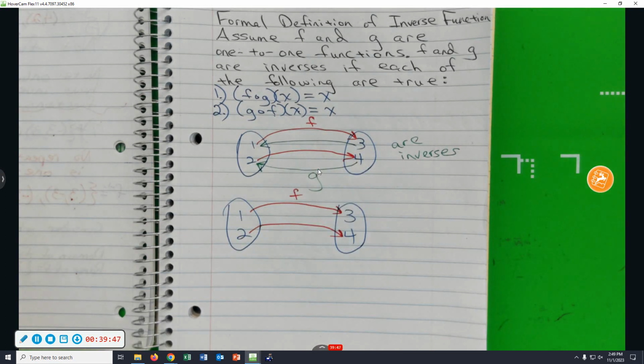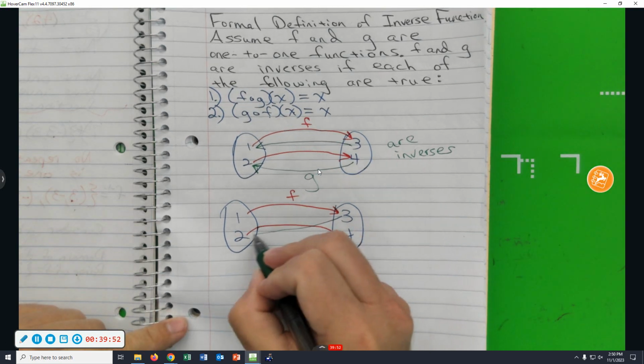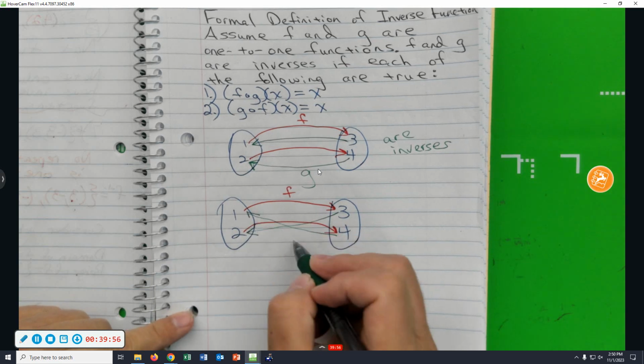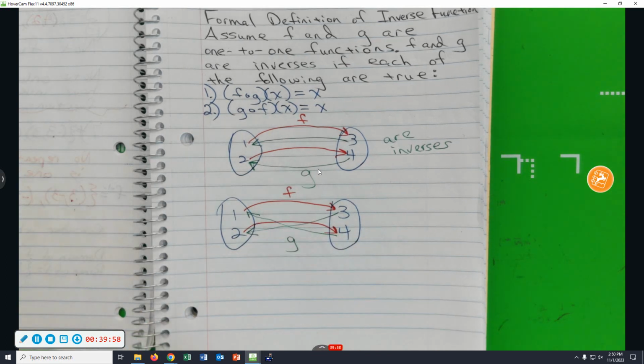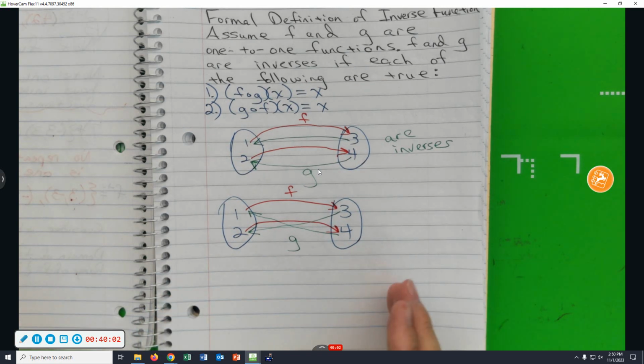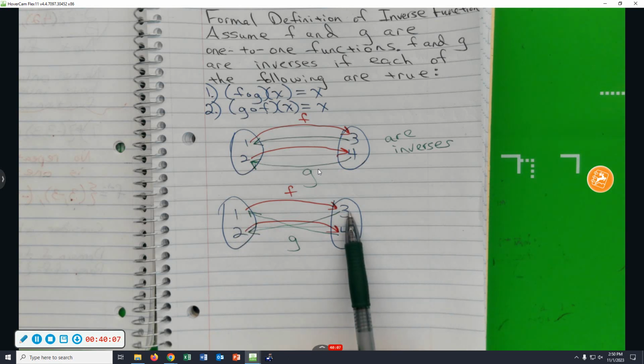Now the green function will take 3 to 2 and 4 to 1. With our intuitive understanding of inverses, I think we'll agree these are not inverses because they're not reversing the ordered pairs. 1, 3 should go back to 3, 1 if they're inverses.